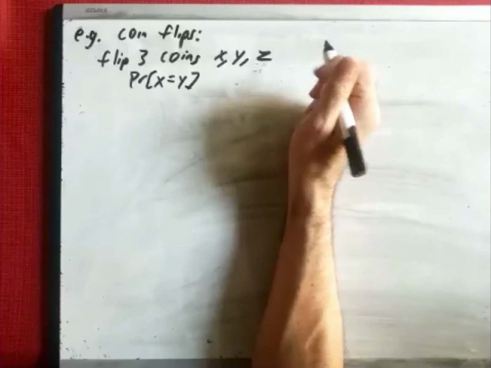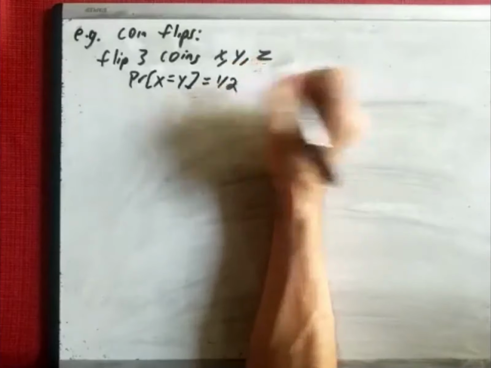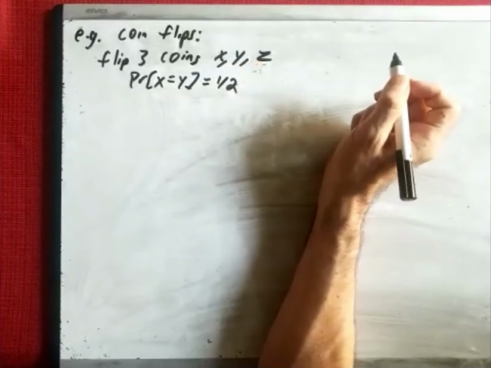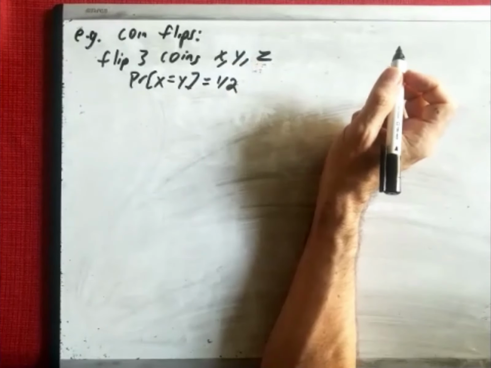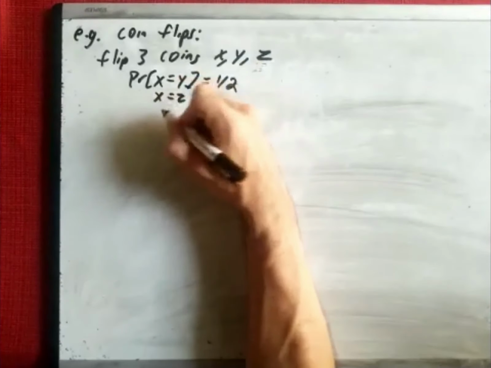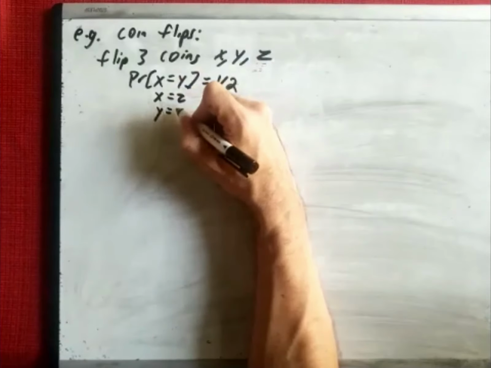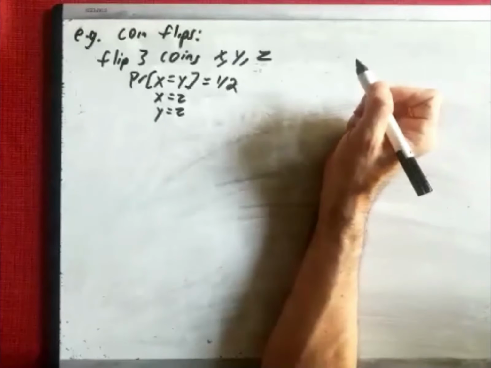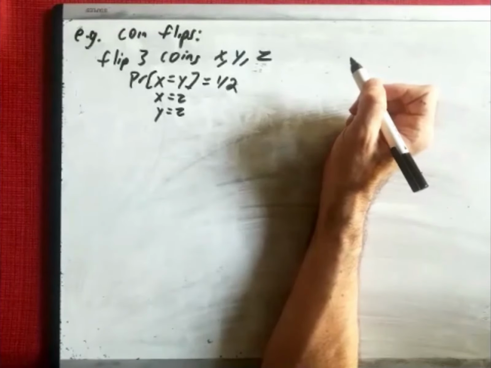One half. It's a half, right? This is a collision of the coins, right? There's a quarter probability they're both heads, a quarter probability that they're both tails, right? And the same is true for the probability that X is equal to Z and the probability that Y is equal to Z, right?